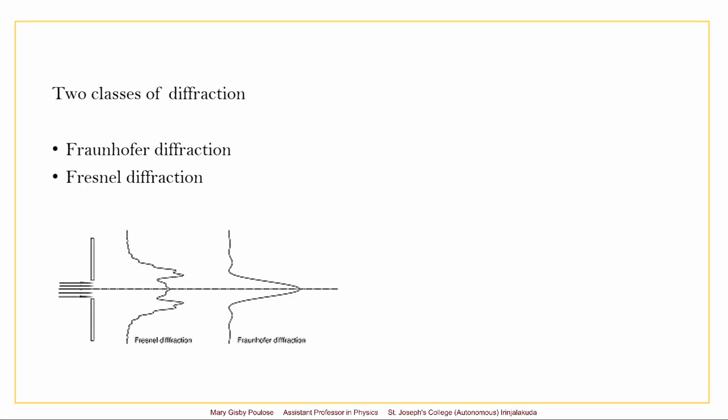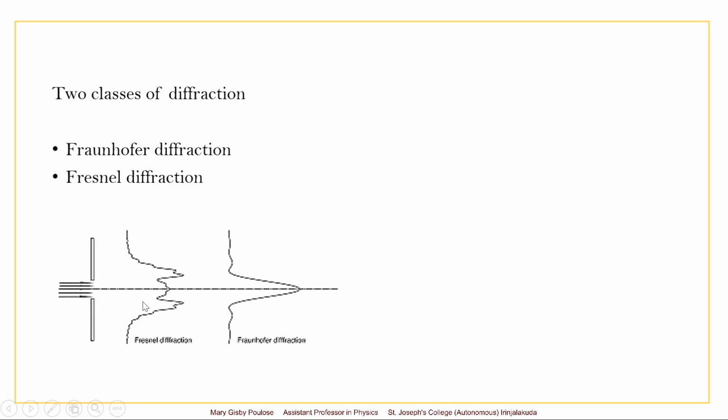Since Fraunhofer diffraction is a far field effect, the pattern obtained is as such. At the central point, we have the maxima, and surrounding that we have the secondary maxima and minima.